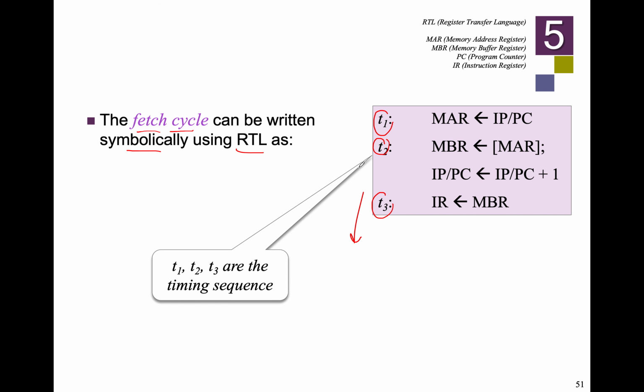It depends on how long your source code is. So MAR, you can see over here. First of all, what will happen at the first time, under your first cycle, you're going to put the value of IP or PC into your MAR.